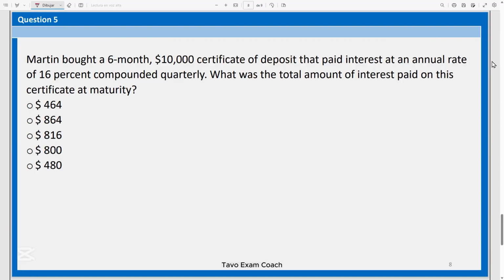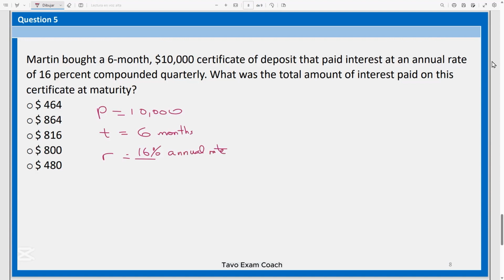According to the question, the principal should be the $10,000, right, that Martin paid for this certificate of deposit. The duration of the investment, the time, is 6 months. There is an interest rate of 16%, but it's an annual rate.